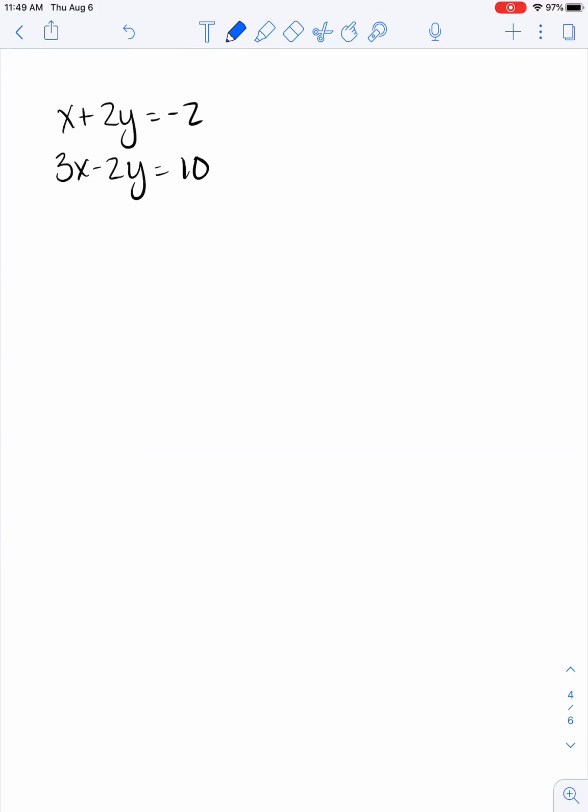Okay, so let's do this one. Now when I look at this one, this has a gift because the two y's, one's positive, one's negative, will already cancel. So I don't have to do anything to make them eliminate. So now I'm ready to just add. So 1x and 3x is 4x, a negative 2 and a 10 is an 8, divide by 4, that's a 2.